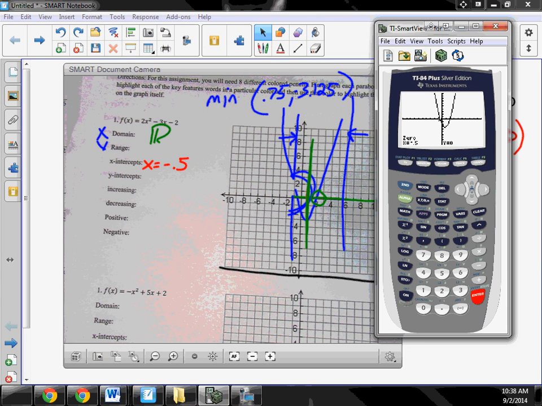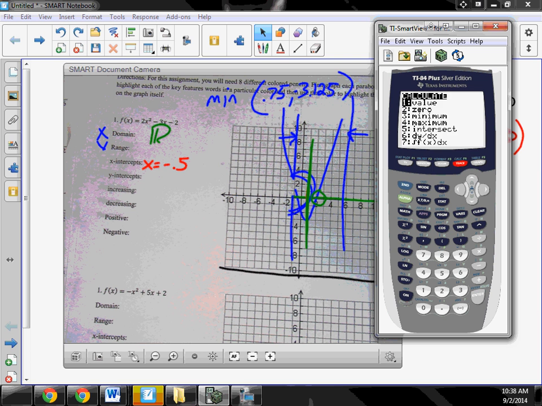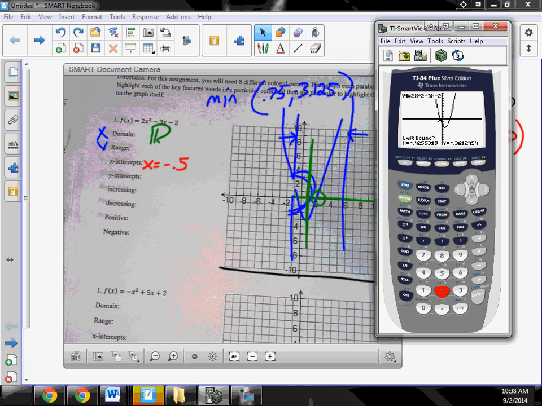Now we do the same thing for the other root. Second calc, zero. If I'm trying to find the root on the right side, what would be a good left bound? One or 0 would work, so I'll put in 0.